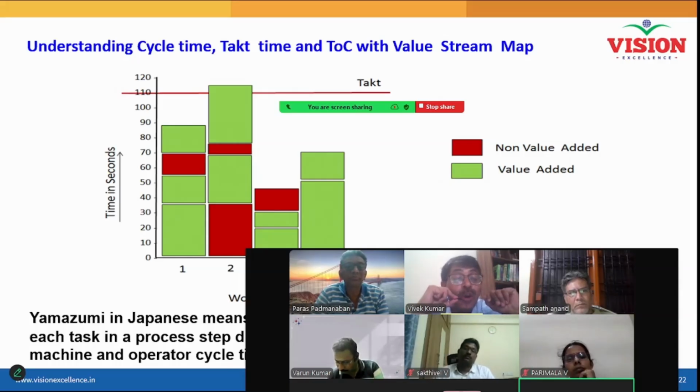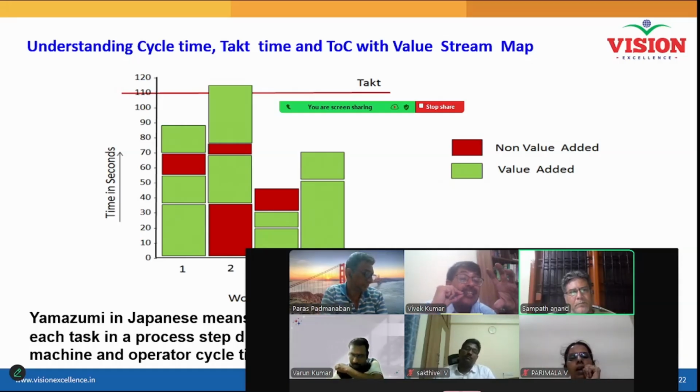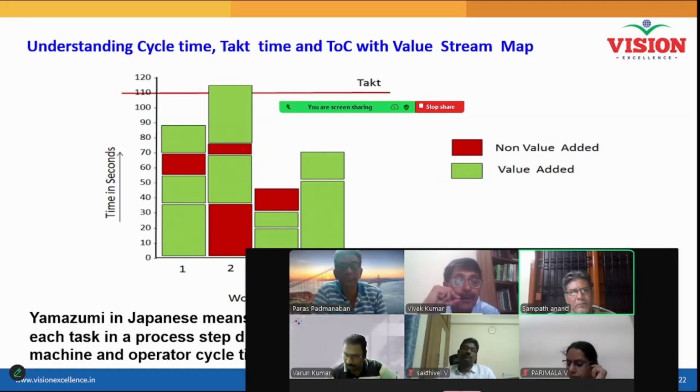Transportation is a non-value adding activity. Eliminate that. So first there are certain activities which are not in the gray area, which are very clearly non-value adding activities. For example, breakdown maintenance, transportation, waiting, searching. They are obviously non-value adding.